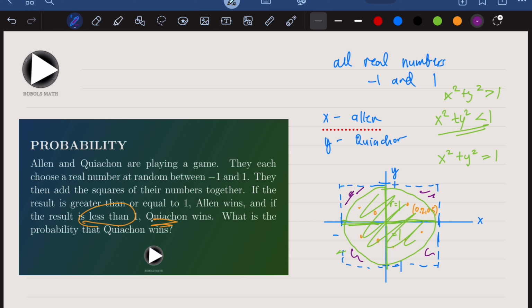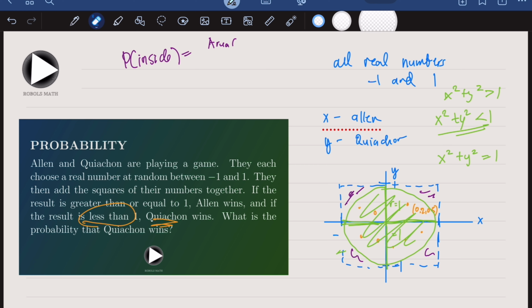So in this case, we're looking for the probability that the point we choose is within this unit circle. Using the concept of geometric probability, that probability is just equal to the area of the circle divided by the area of the square.